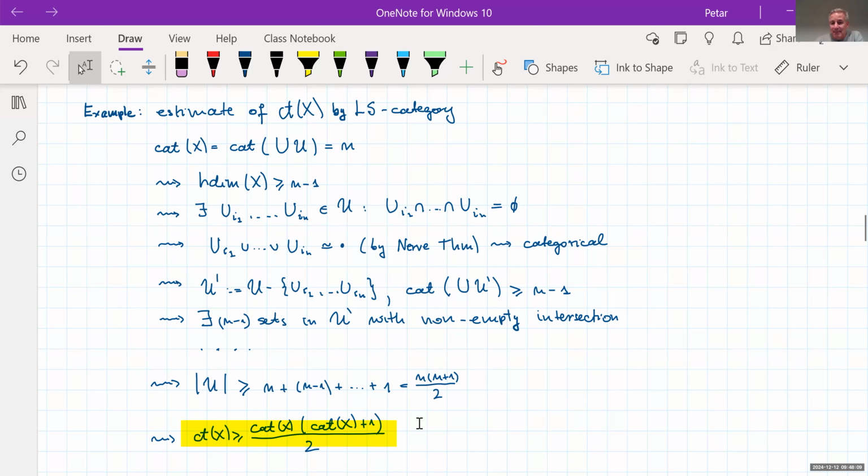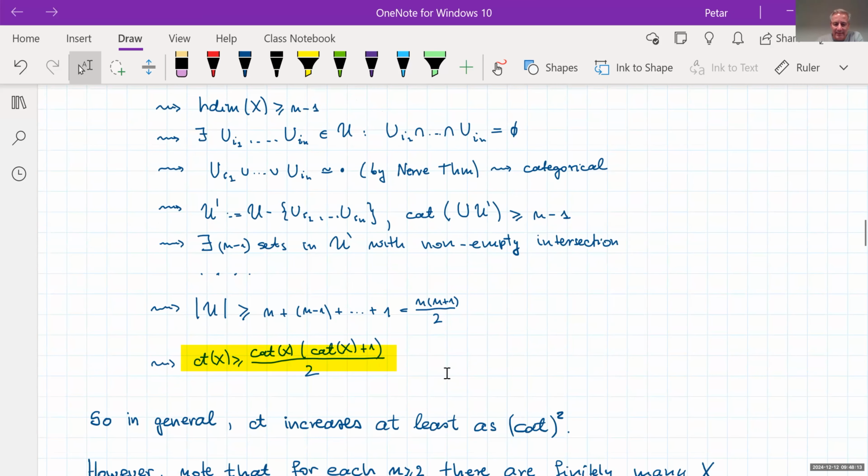So it seems that we have a result that the covering type increases at least as the Lusternik-Schnirelmann category of the space.